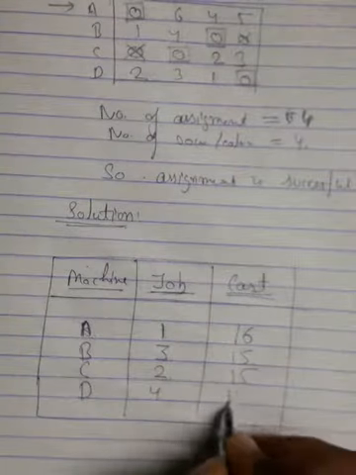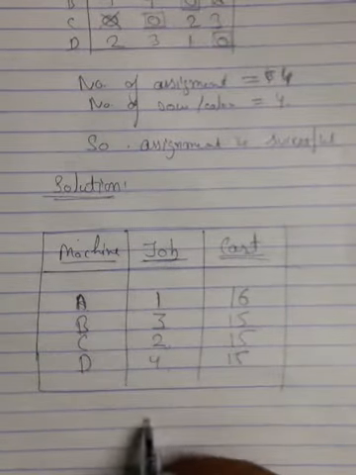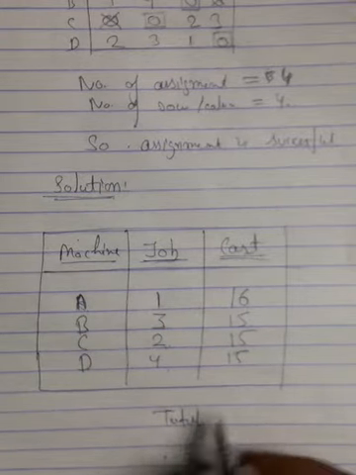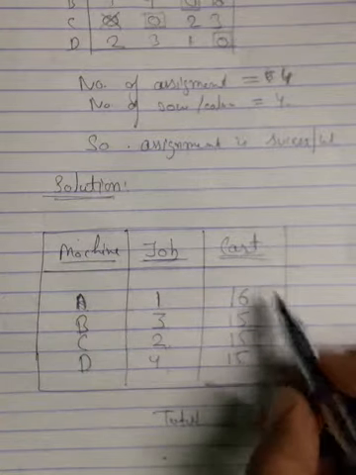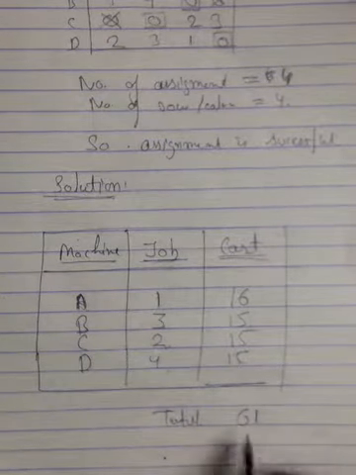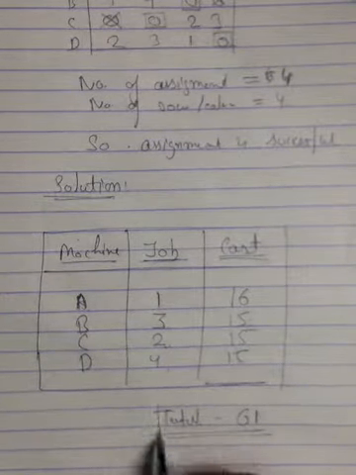Now fourth machine, fourth job, you have a value of 15. Now add it up, what will you get? You are going to get 61. So this is your answer.